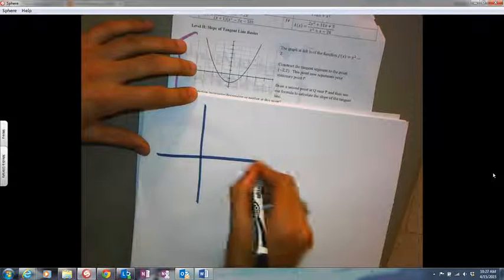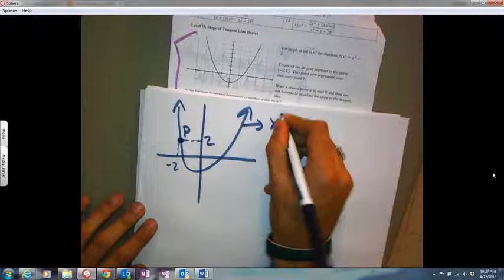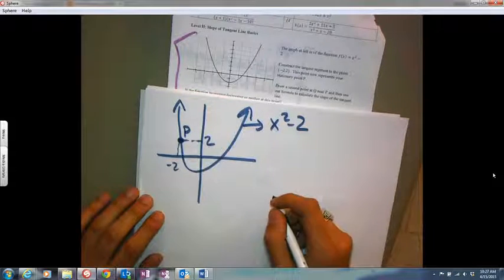So we've got the graph here. And here we go, negative 2 and 2. Here's our point P. The equation of this is x squared minus 2. I'm not going to draw this Q stuff. That's what I did over here. I'm not going to do this whole thing again.